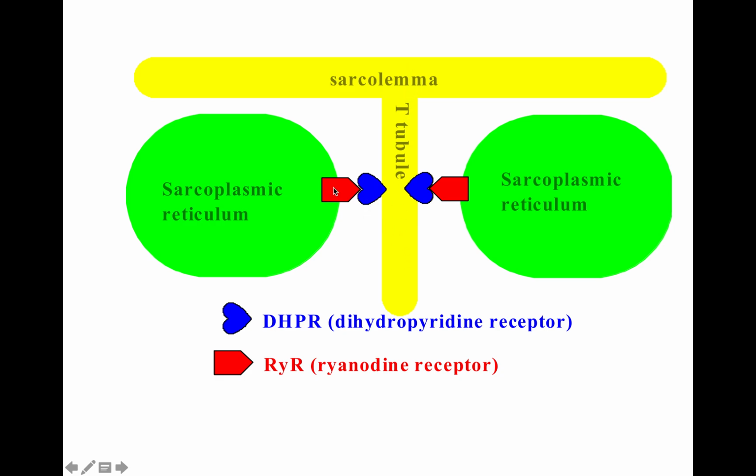Because it's changing shape and because it's physically connected to the ryanodine receptor, which is the calcium release channel in the sarcoplasmic reticulum, that changes shape also. So this blue heart changes shape, and this red house changes shape as a result of that, and that releases calcium out of the sarcoplasmic reticulum.